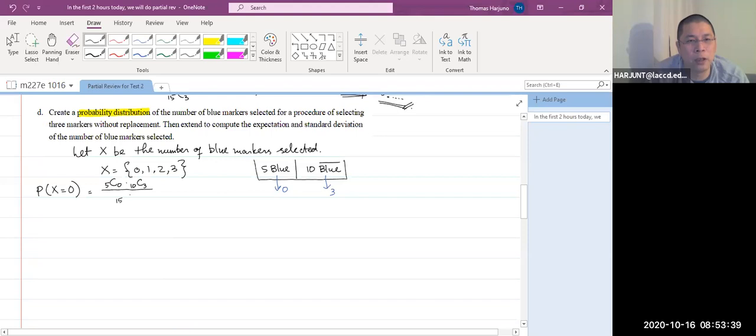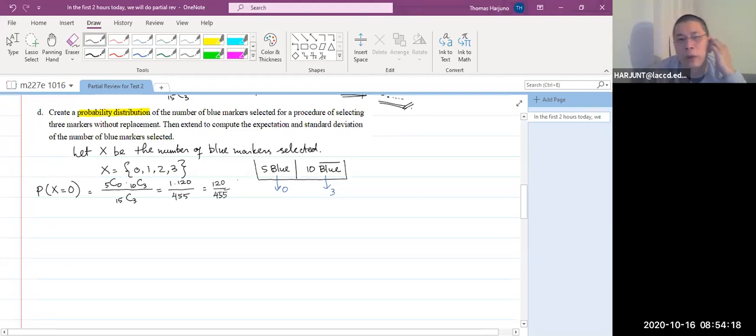Over 15 choose 3, that will be 1 times, oh, what is 10 choose 3? 10 choose 3 will be 120, is that right? 10 times 9 times 8 over 3 times 2 times 1. Yeah, 120. So this will be 120 over 455. Now, don't reduce that yet.